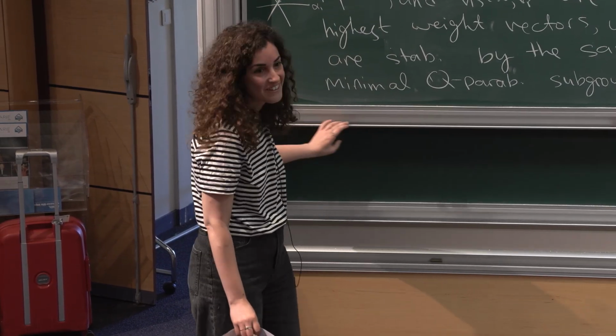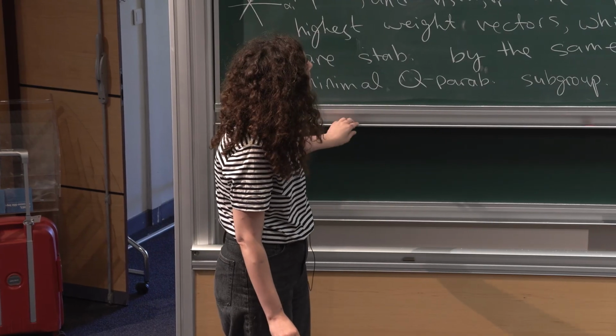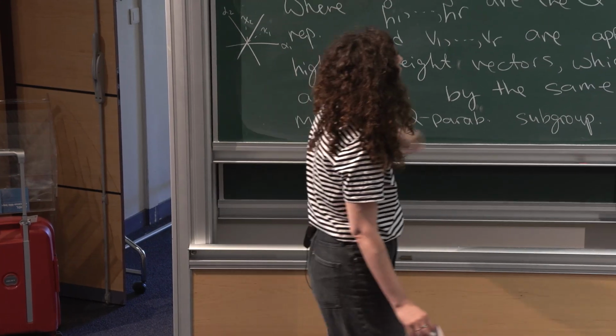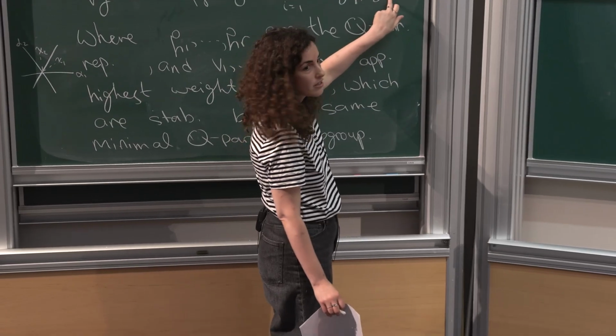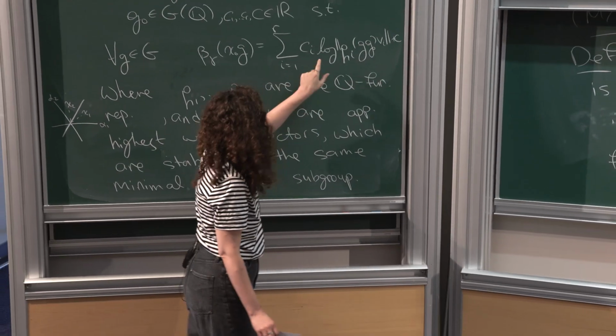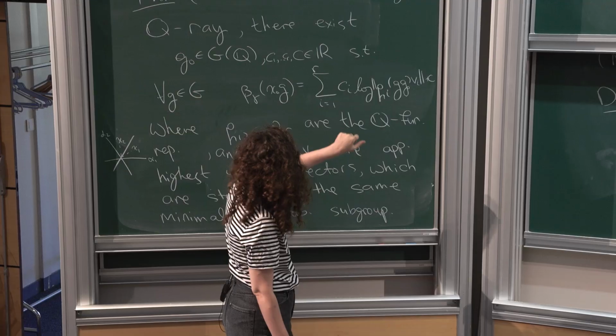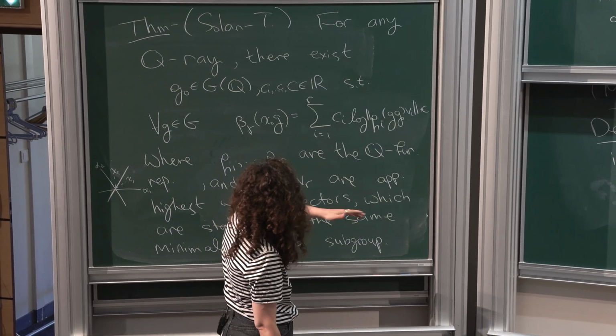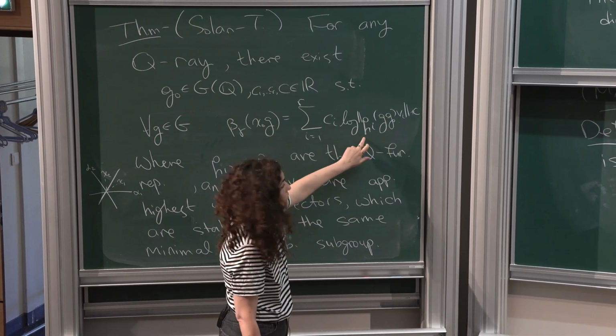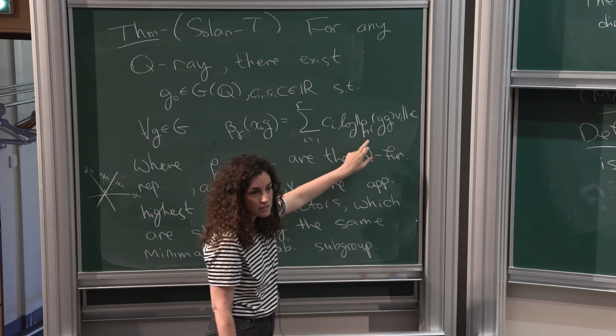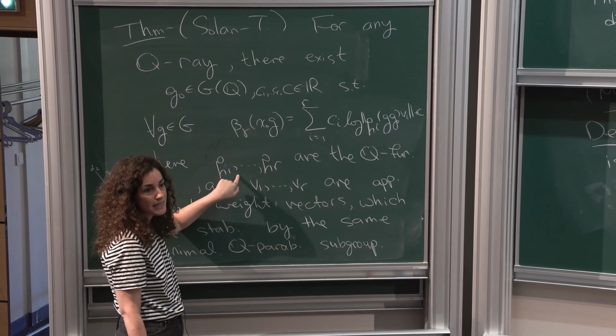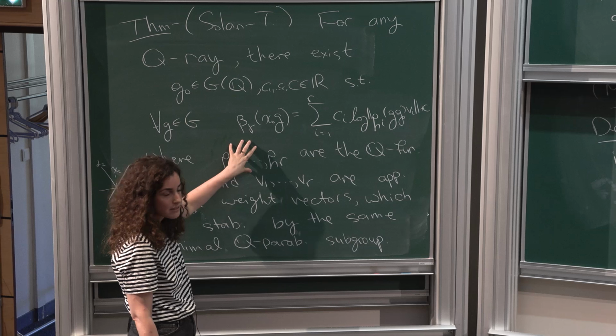Can you read the summation, c_i log of rho_i(g g naught v_i)? No, it's rho_i. These are the representations, these rho_i's are the rational representations.